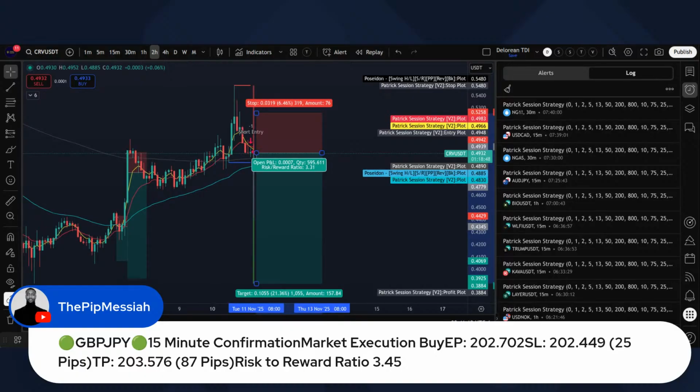Risk is 3.31. We have entry at 49.39. We have stop loss at 52.58. And we have take profit at 3.884.